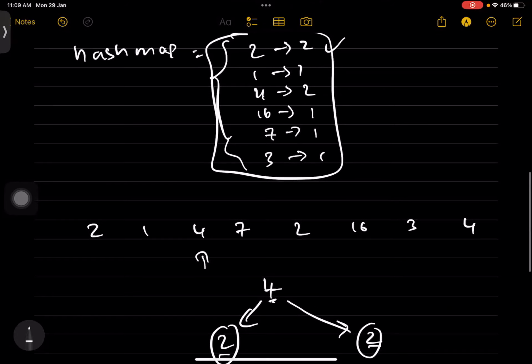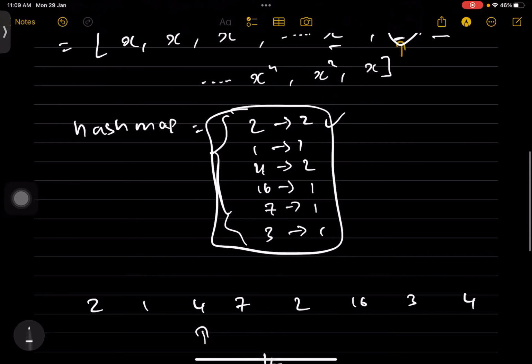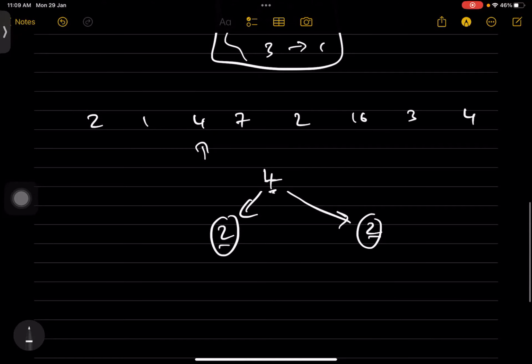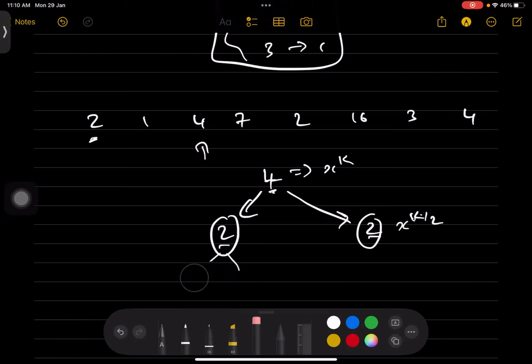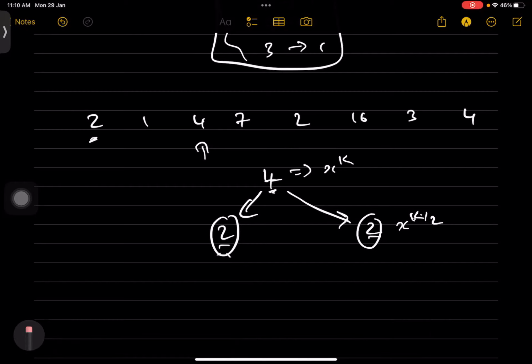And yes, it does exist in the hash map, and 2 has 2 occurrences, right? So since 2 has 2 occurrences, this will basically be the x power k element, and this will be the x power k by 2th element, right? Now we know from this case that we cannot expand 2 further from here. So in this case, the maximum possible subset size will basically just be 3.